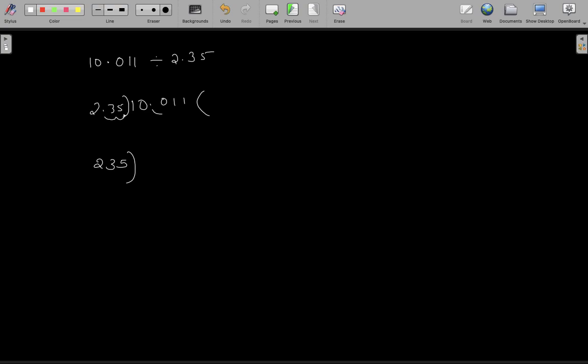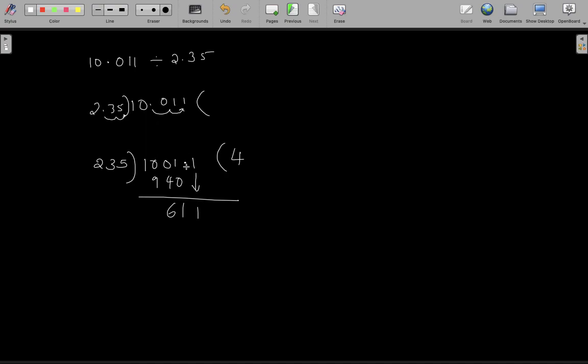So we will be moving one and two positions toward the right, making it 1001.1. Okay. Now 235 times 4 is 940, right? Now 1001 minus 940 is 61; 9 minus 9 is anyway 0. Let's bring down this 1.